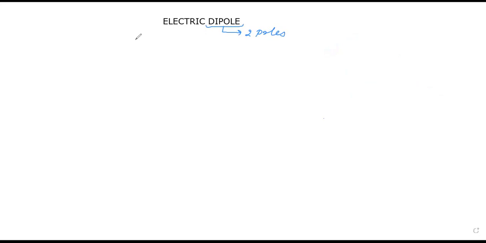An electric dipole can be made by assembling two equal and opposite charges separated by a very small distance.